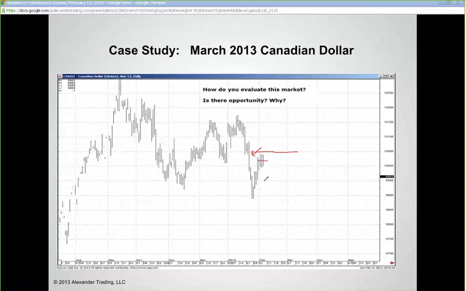But if the conviction is real, meaning the people that created the conviction, which is the big money, still are operating under the same assumption, all of that conviction should not be retraced. So when you see a market that sort of bungee jumps like this and trades back into conviction and then begins to set up like this, then you start to sit up and take notice.